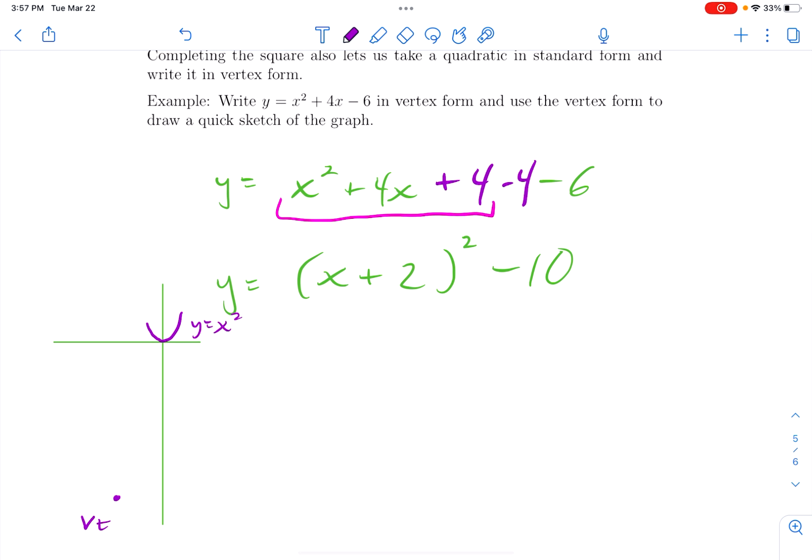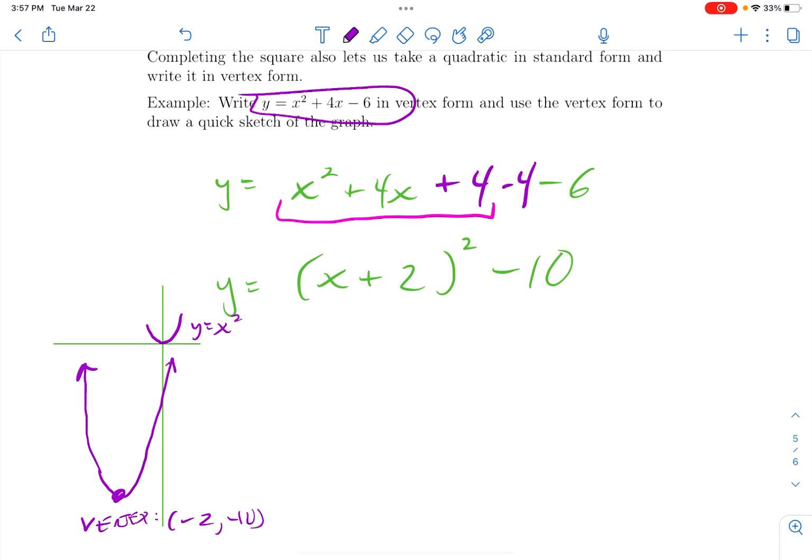So it would have a vertex at the point negative 2, negative 10, and our parabola would look something like so. From the original form, it was not at all obvious where the vertex was, so graphing this might not be all that helpful. But by doing a little bit of work here, we're able to switch it around.